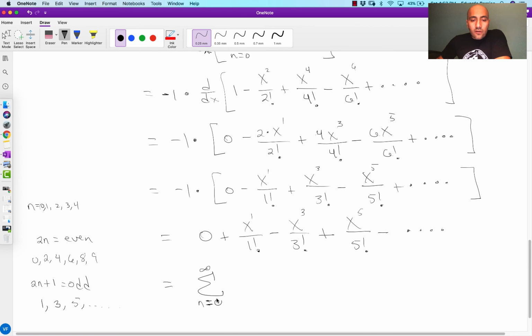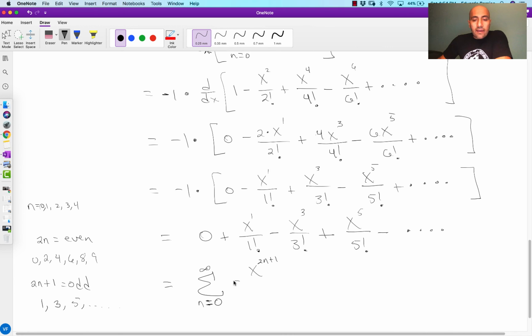Okay, so if we start off at 0, and then we let this go out to 2n plus 1, then 0 there gives me the 1, then 1 gives me the 3, then 2 gives me the 5, and so on and so forth. Okay, the denominator is going to have the exact same value factorial.